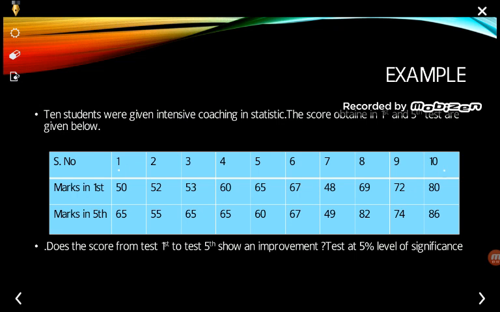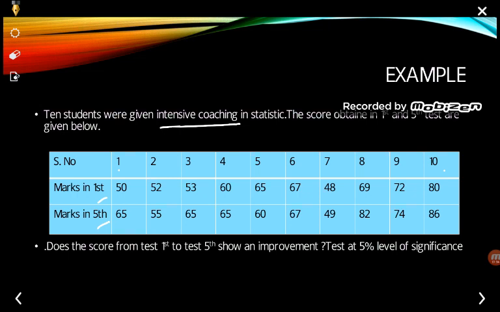So from here to here we can find out there are 10 samples. 10 students were given intensive coaching, and the scores obtained in the first and fifth test are given over here.